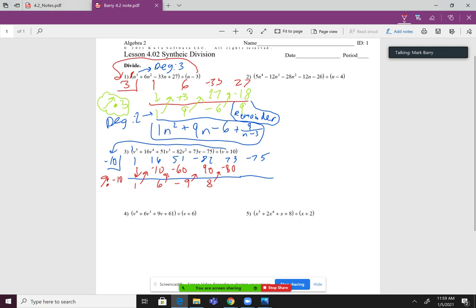We got 8 times negative 10 gave me negative 80 up there. We're going to add down. That's going to give me negative 7. 73 plus negative 80 is negative 7. And then one more time, multiply by the cupboard going up. Negative 7 times negative 10 is positive 70. And then add down and we get negative 5.